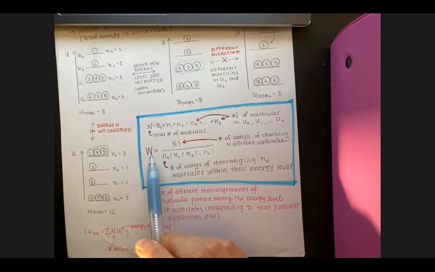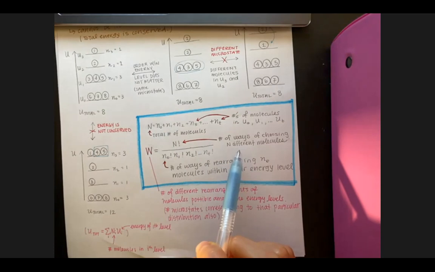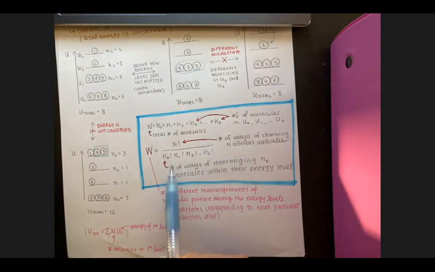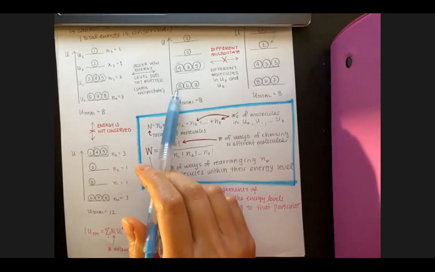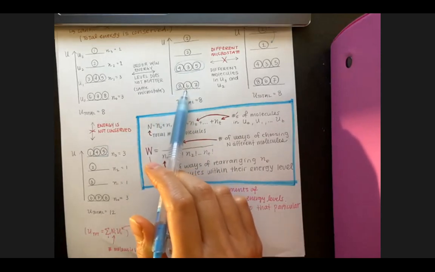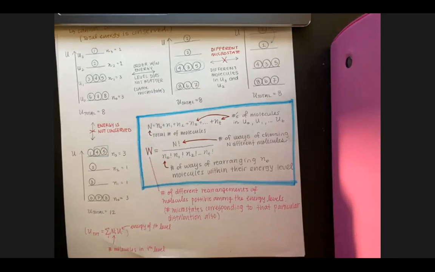And so our equation is W equals n factorial, so number of ways of choosing n different molecules, over the products of the factorials of each population energy level number, so the number of ways of rearranging this number of molecules within their energy level. So you would have 3 factorial ways, for example, of arranging 3 molecules. And so you have to divide n factorial by all of these factorials.